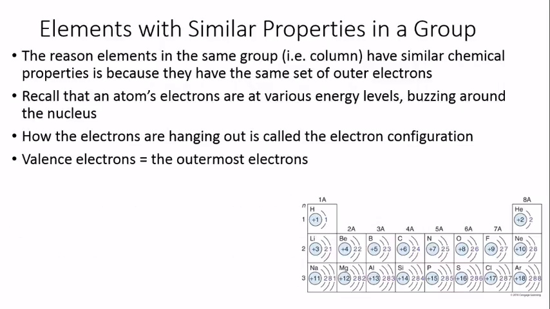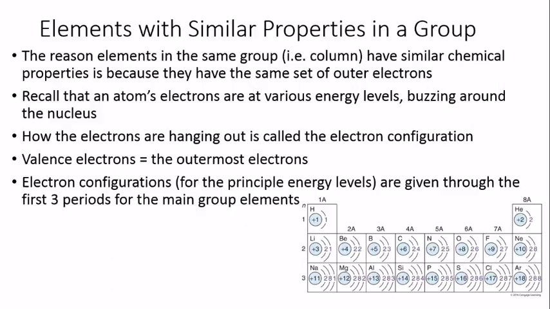Okay, so valence electrons, as electrons are differentiated by energy level, are physically the outermost electrons. So let's double check, make sure that this is working for us. The group number then is the number of valence electrons. Let's pick on 7A. 7A, remember, you're going to have to know the name for those, the halogens.